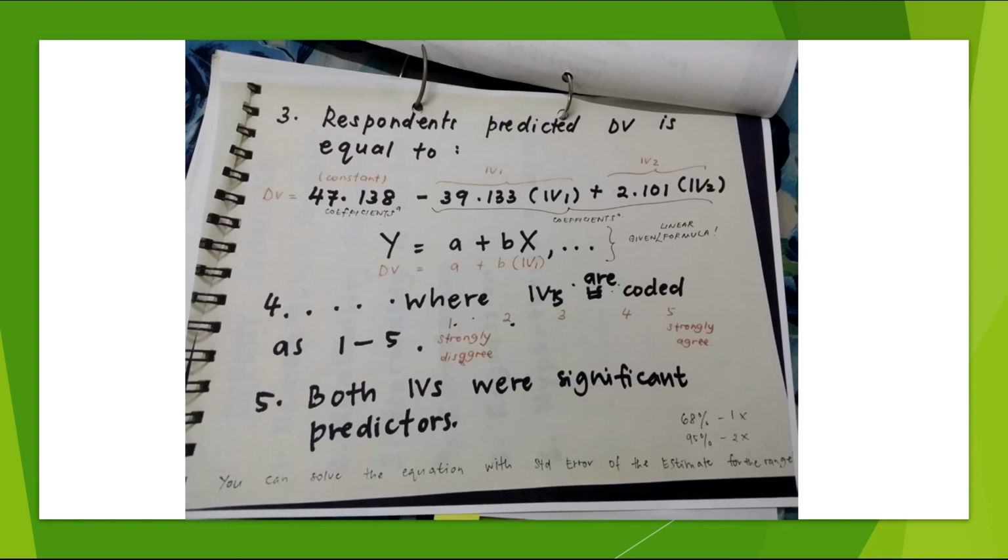This is a little bit tedious, but I need you to pay attention. Here you are given a linear formula. What is the formula? Y equals A plus BX. This depends on how many IVs are significant.